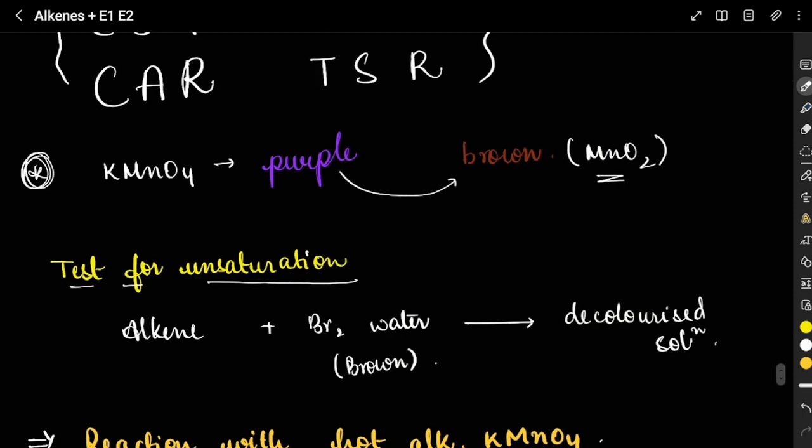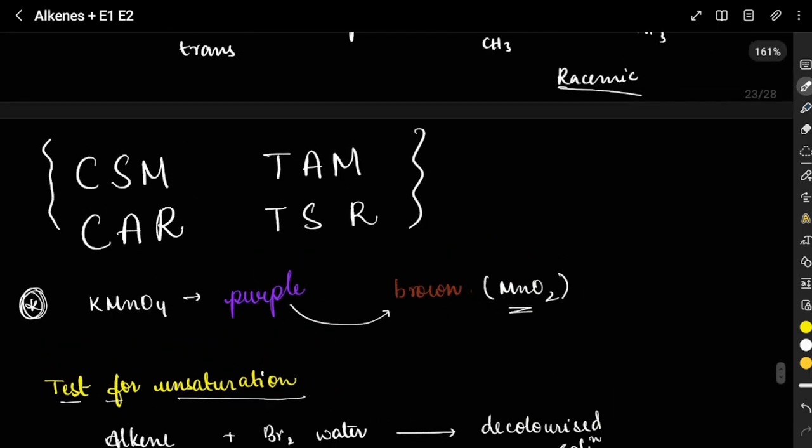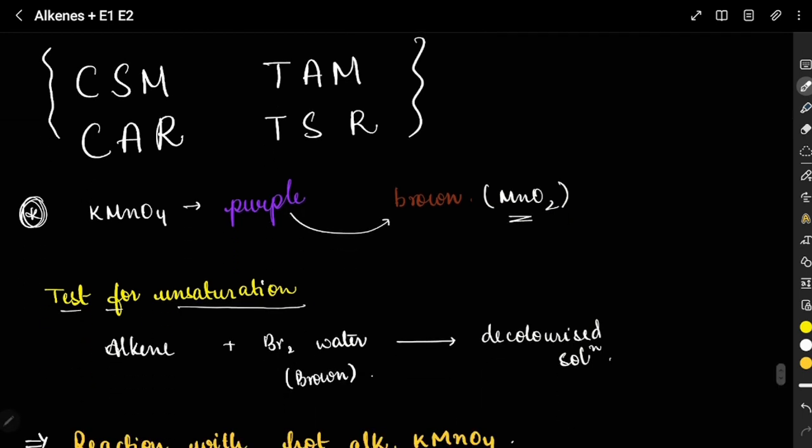Now we have the test for unsaturation. This test of unsaturation is for identification of alkenes. We have two tests of unsaturation. You are going to take KMnO4.